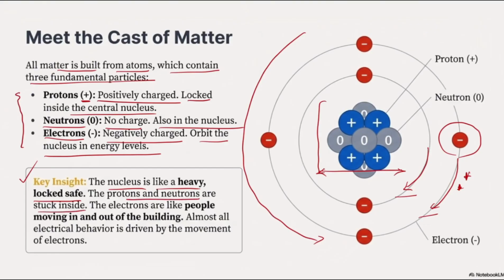They cannot move, they're just there. The electrons are like people moving in and out of the building. They can move freely at some point. Almost all electrical behavior is driven by the movement of electrons, and a very important part of electrical behavior is something that we call current.